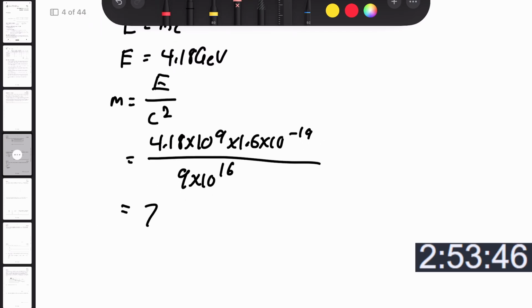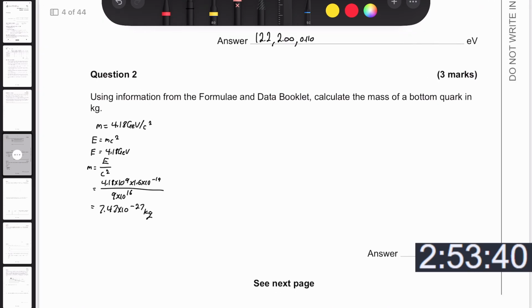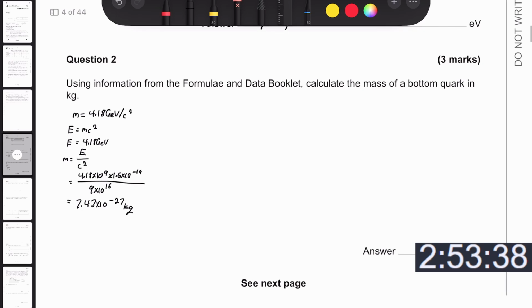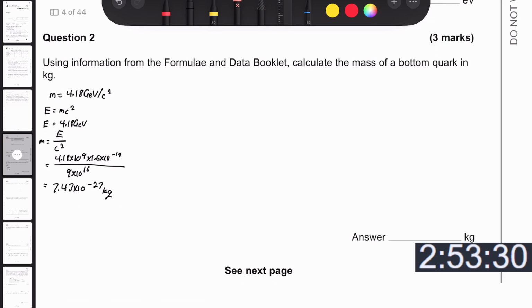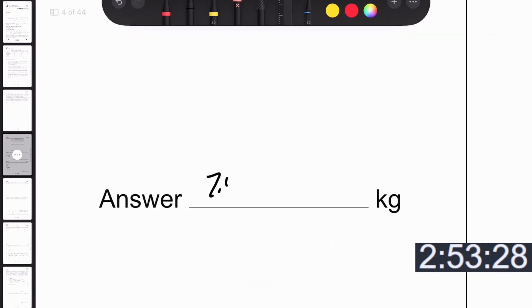So 7.43 times 10 to the negative 27 kilograms. That seems correct.